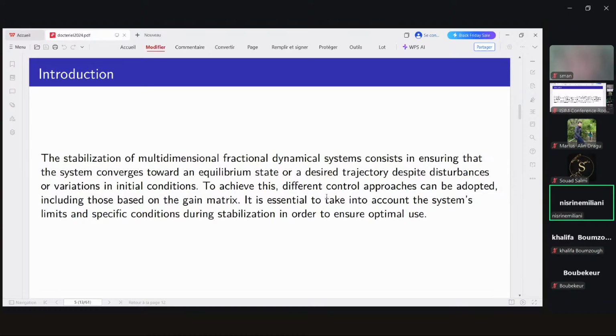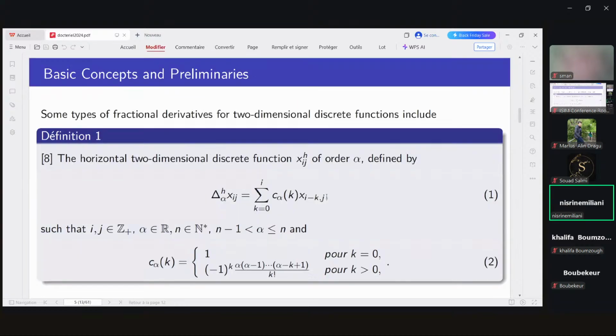To achieve this, different control approaches can be adopted, including tools based on the gain matrix. It's essential to take into account the system limits and specific conditions during stabilization in order to ensure optimal use.